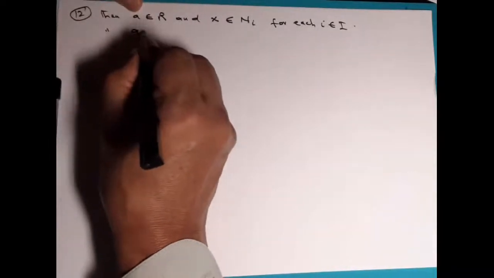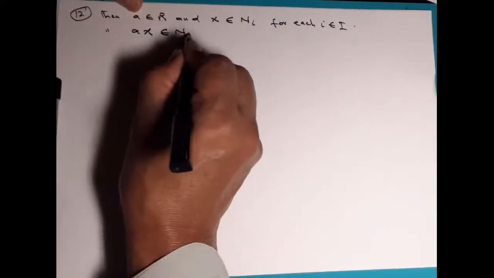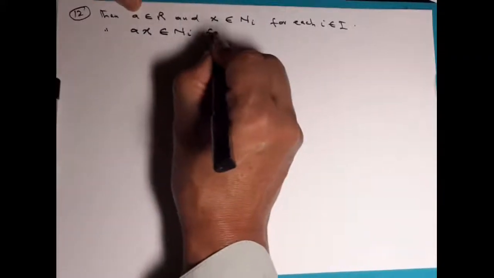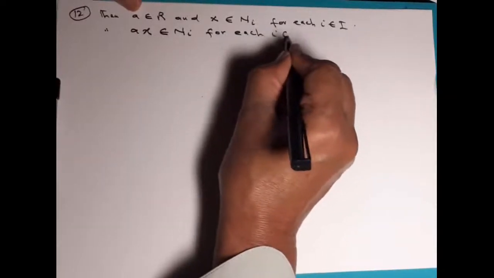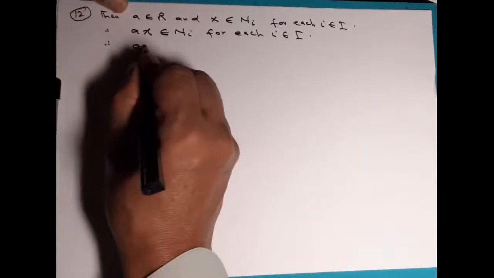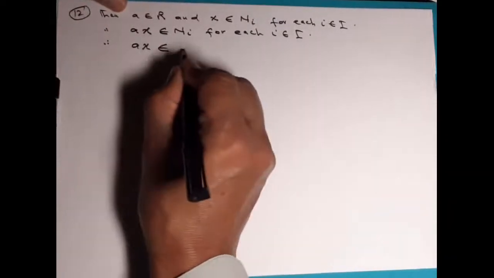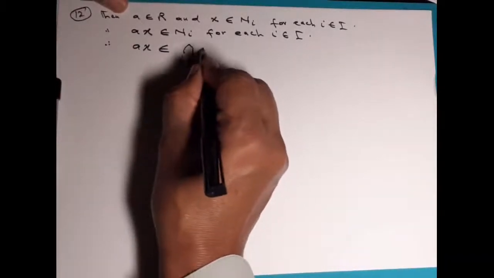Therefore, a times x belongs to Ni for each i belonging to I, because Ni is some module, and therefore now ax belongs to each Ni, therefore ax belongs to their intersection, i belonging to I, Ni.